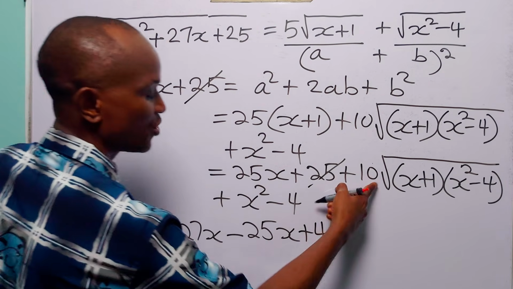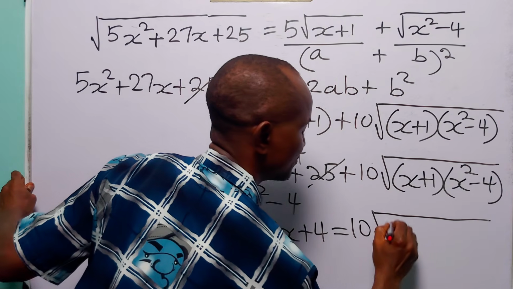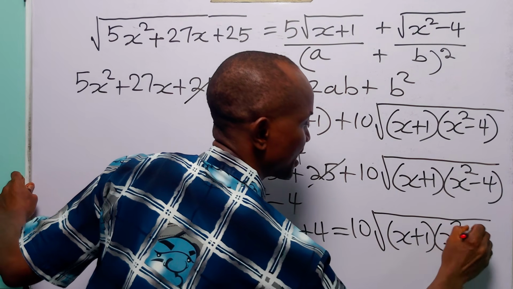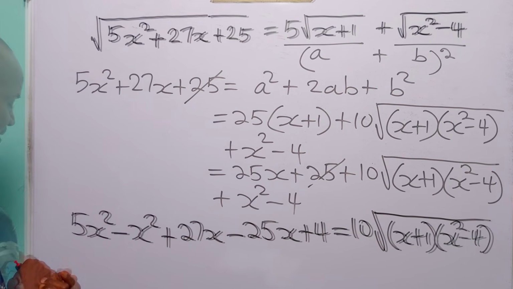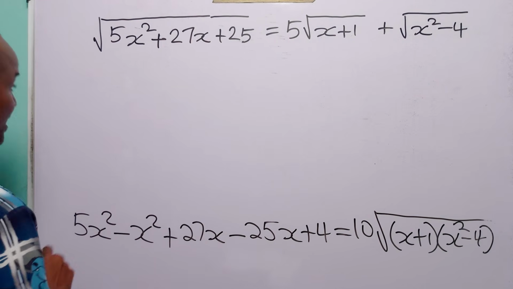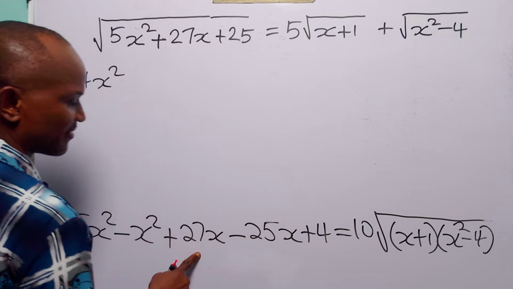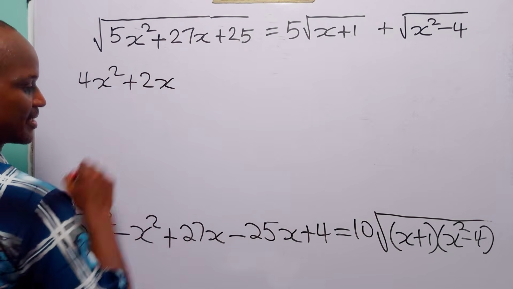And now we only have 10 times the square root of x plus 1 times x squared minus 4 on the right-hand side. 5x squared minus x squared is 4x squared. 27x minus 25x is 2x.